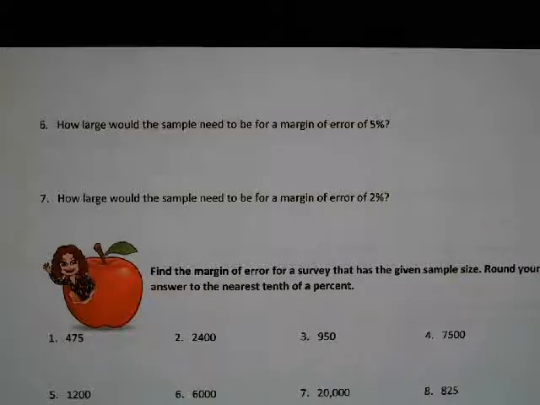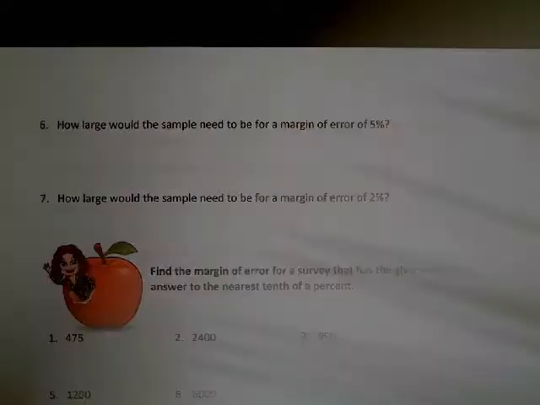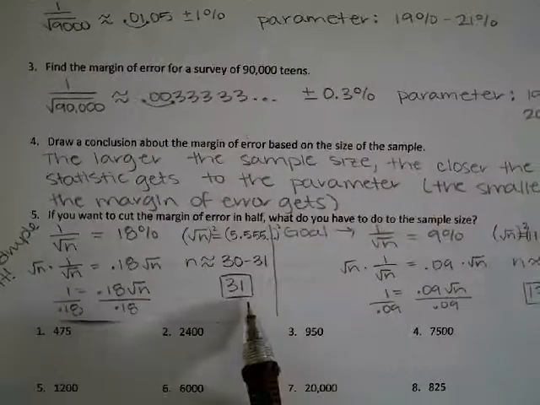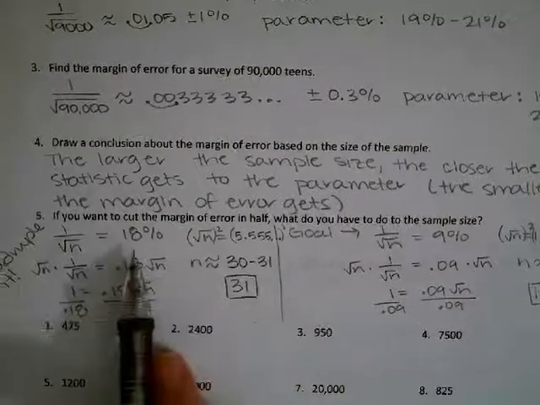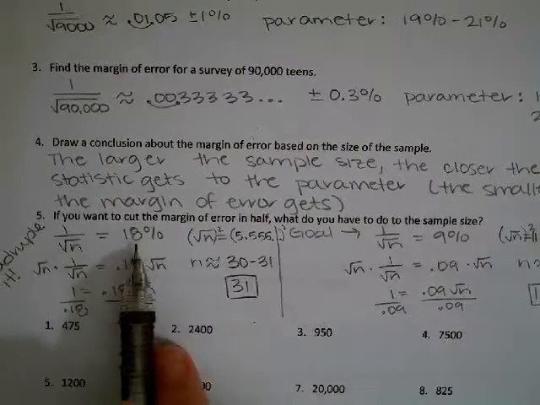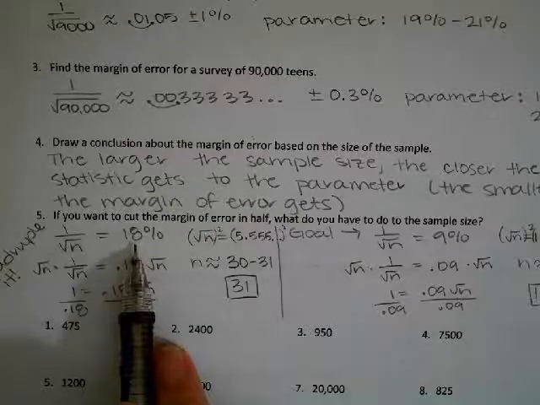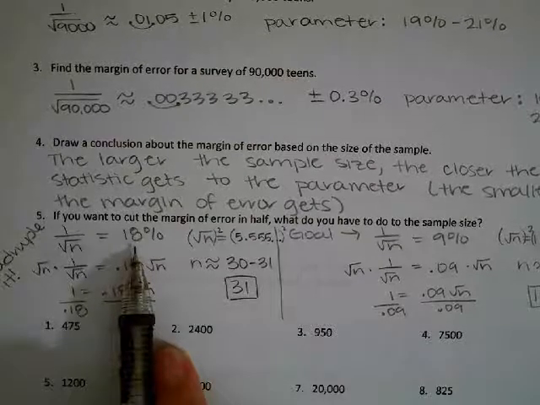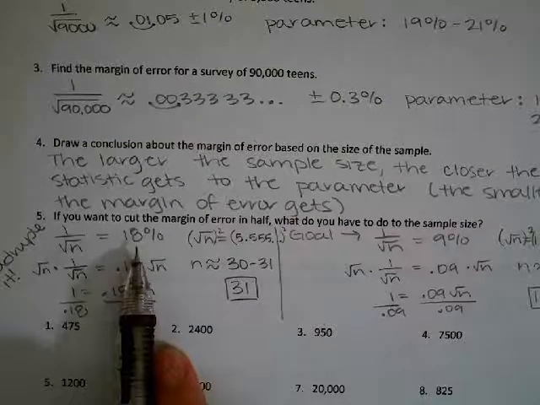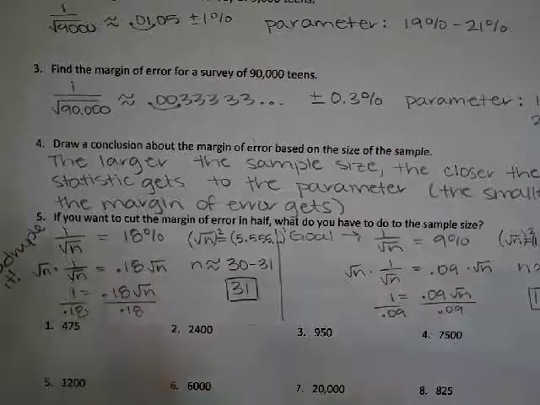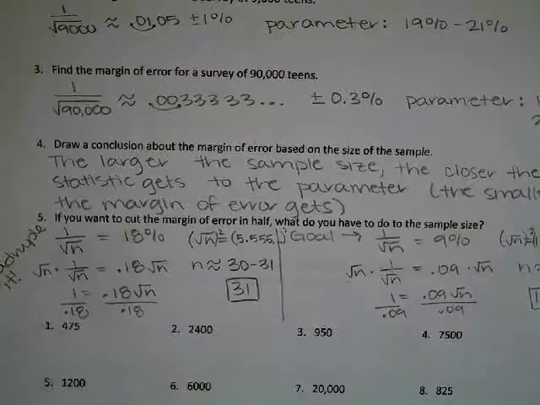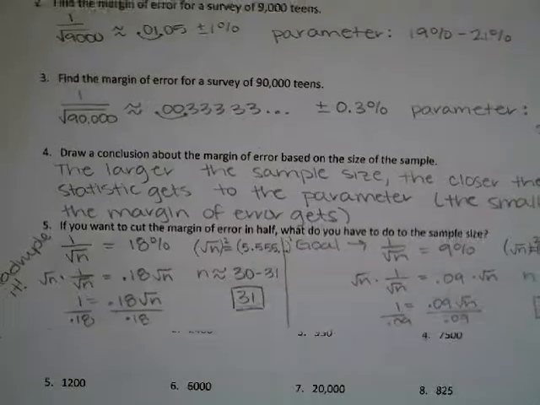So even though we might want to talk to more than 30 people to have something more accurate than give or take 18%, because 18% is a pretty wide range. 20% of the population of America's teens like this, plus or minus, so it's somewhere between 2 and 38% of America's teens really think this is their favorite because we could only talk to 30 people.